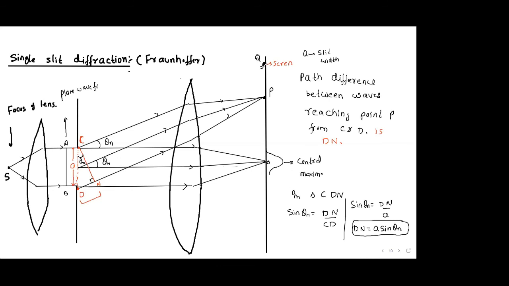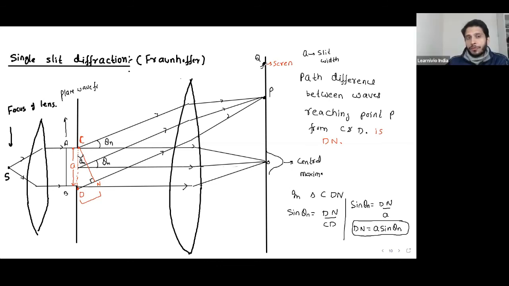It will increase. So this theta basically tells you the position of the fringe, and we call this theta the angular fringe separation.